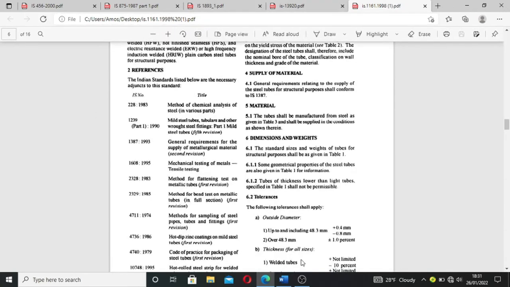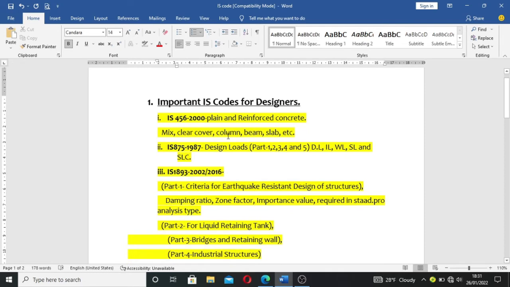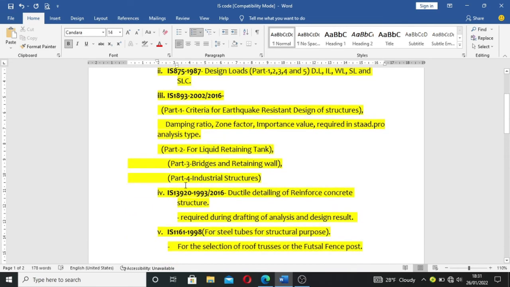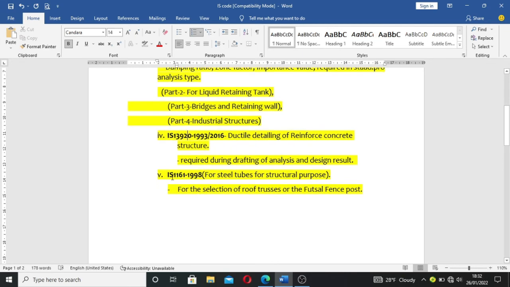So guys, make sure that before you proceed with the software analysis and designing, or any other engineering software, you make basic things clear in IS 456 2000, then for loading IS 875, then for criteria for earthquake resistant design IS 1893, then next ductile detailing IS 13920, and then IS 1161.